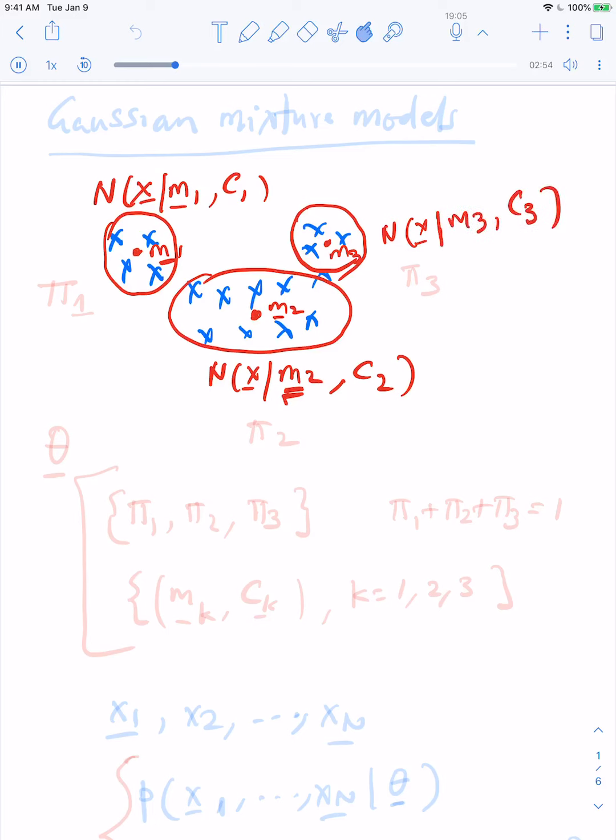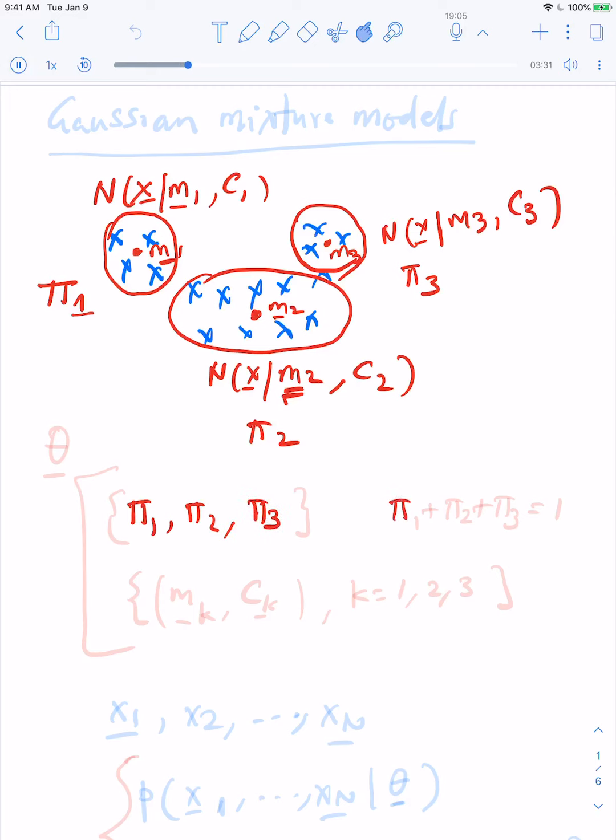This one again looks somewhat spherical, and also I'm drawing fewer points from the first and the third than from the second. So if you were explaining this data, we would associate the probabilities for each of these components as pi1, pi2, and pi3. In order to fit a three-component Gaussian mixture to this set of data points, we would need to specify pi1, pi2, pi3.